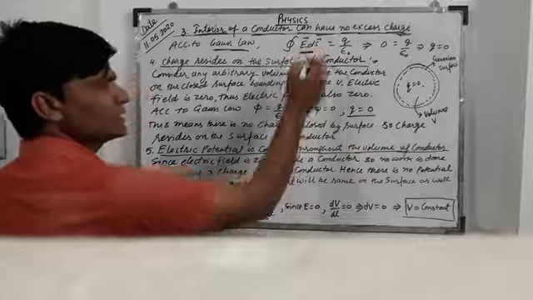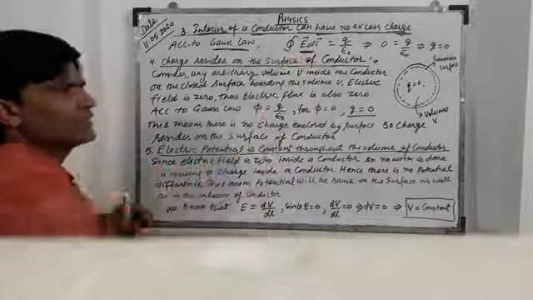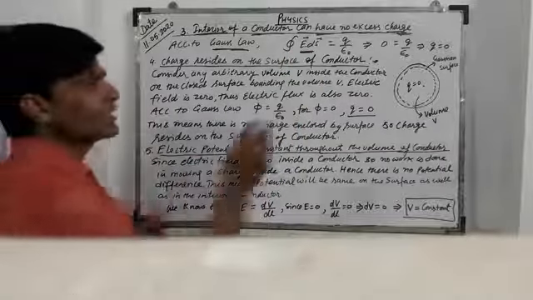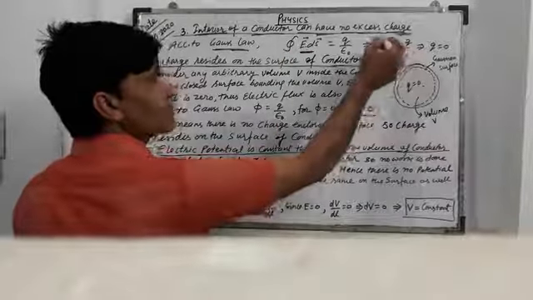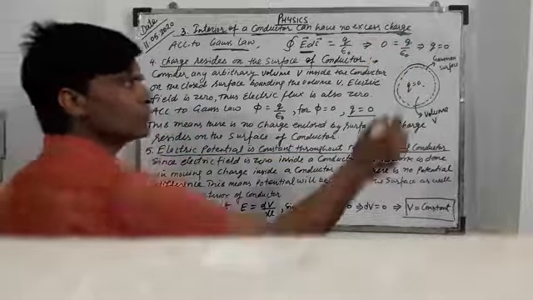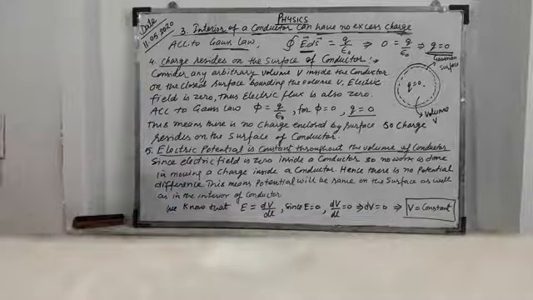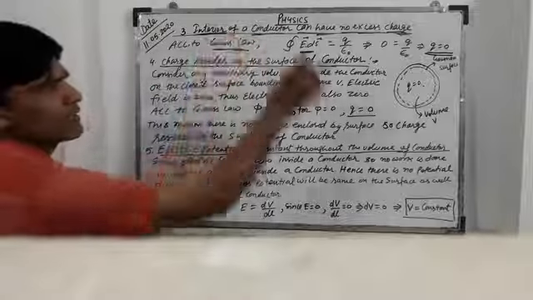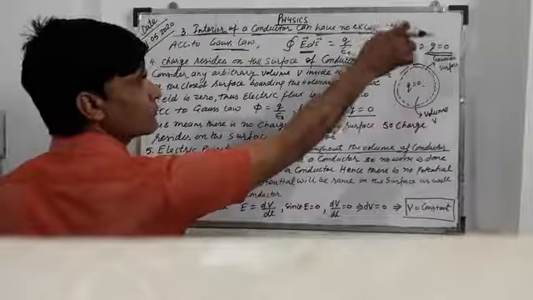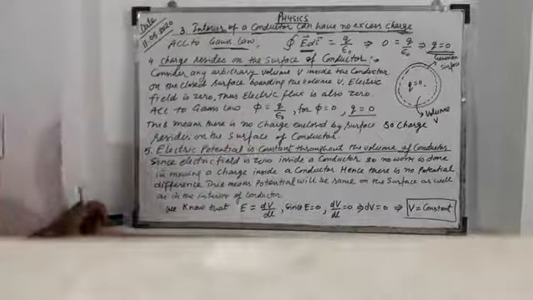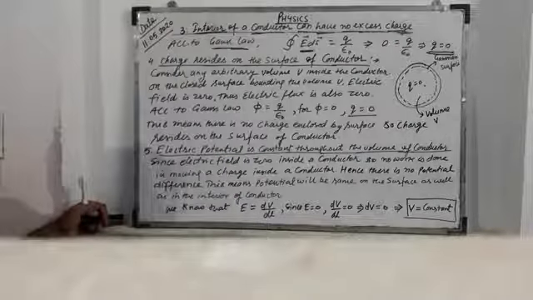But from first point, electric field is 0. Then q upon epsilon naught is equal to 0. Finally, q equal to 0. Thus, the interior of a conductor can have no excess charge, means charge is 0.